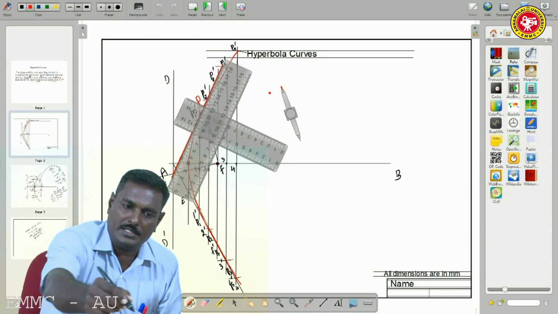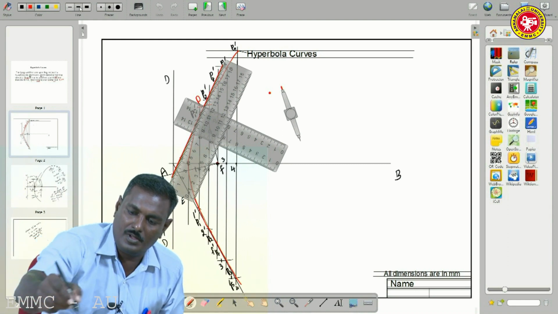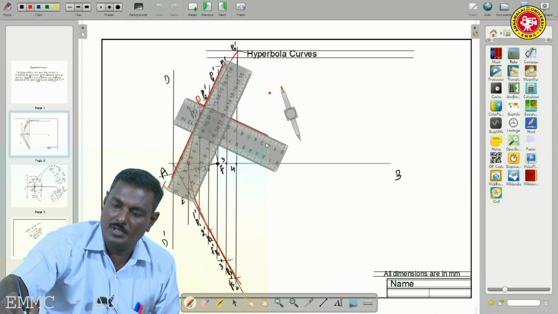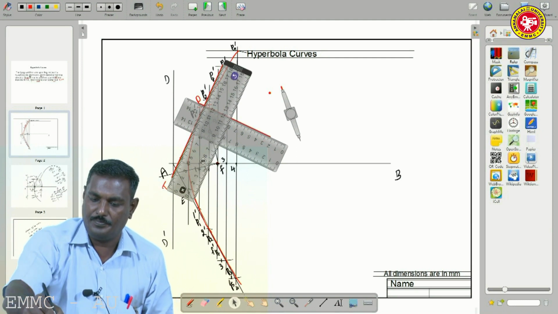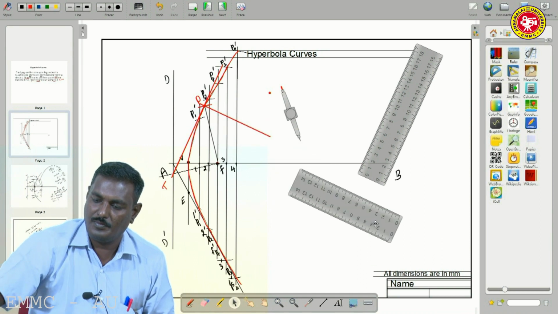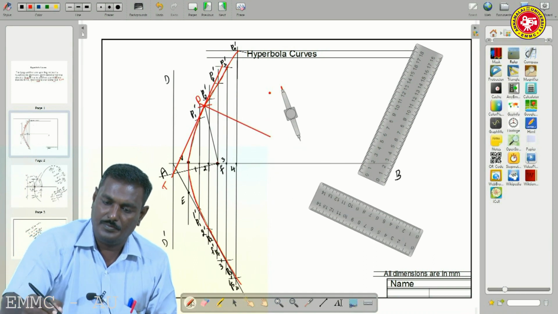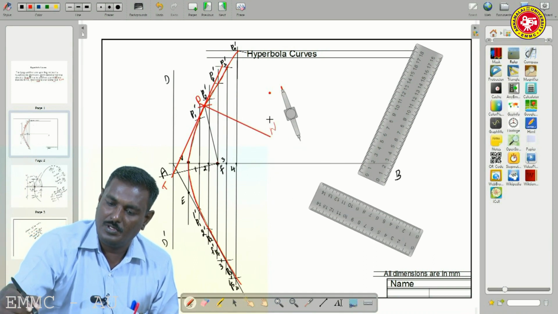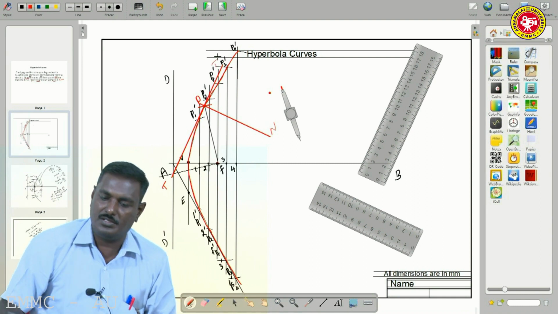So then construct. This is the normal, this is the tangent.